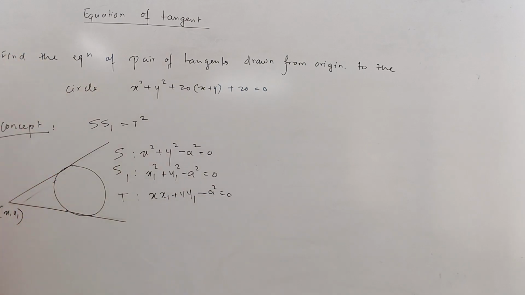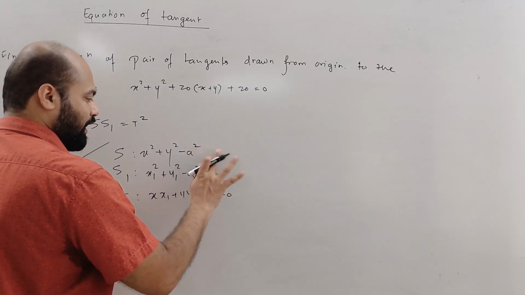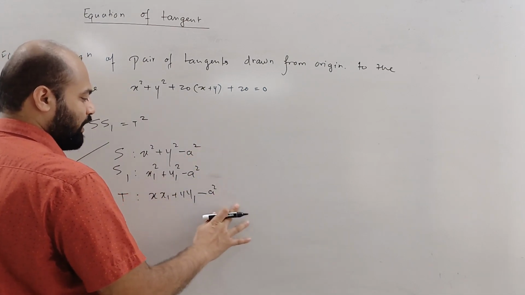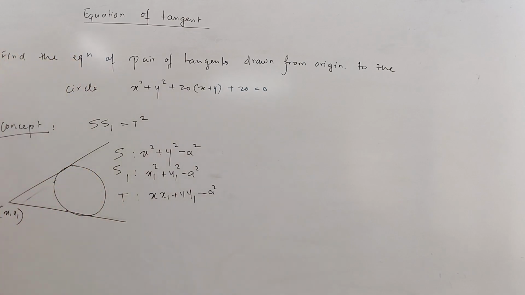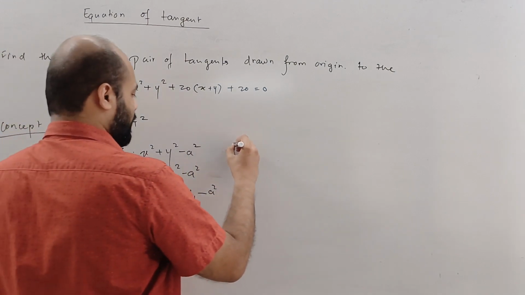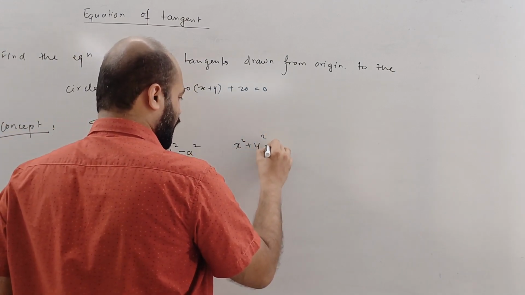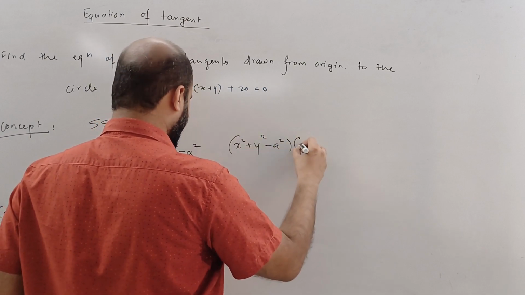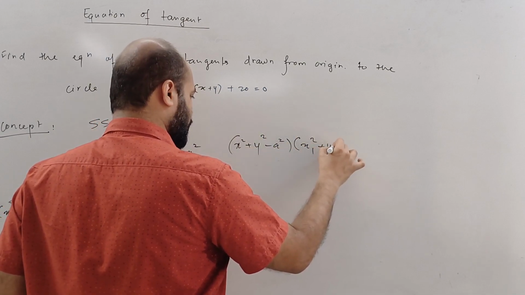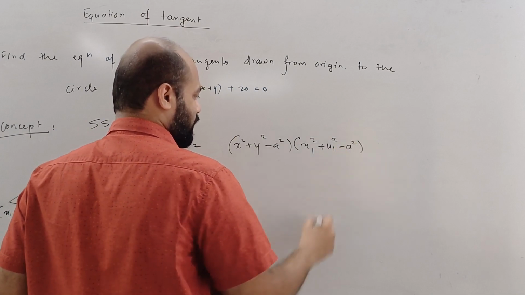This equation, that means of course in the entire thing, we are just writing the expressions. We are definitely not equating it to 0, because if we equate to 0, then ultimately the equation won't make any sense. So S S1 equals T square. So I'm going to write this equation as x square plus y square minus a square into x1 square plus y1 square minus a square.